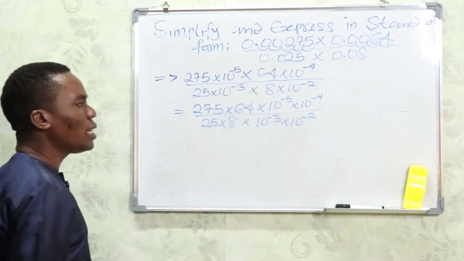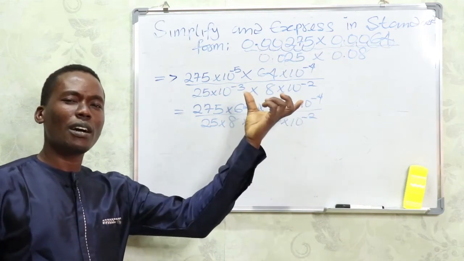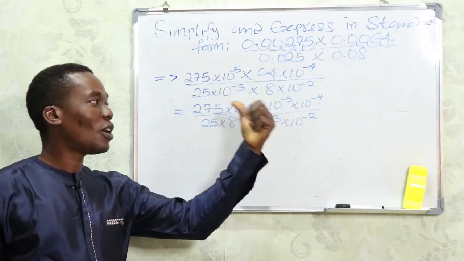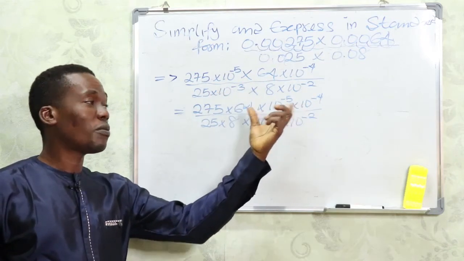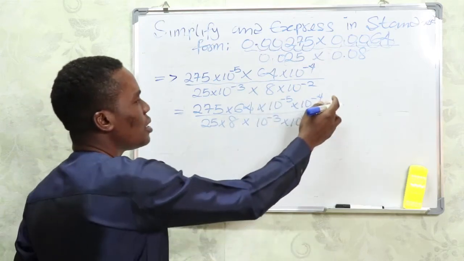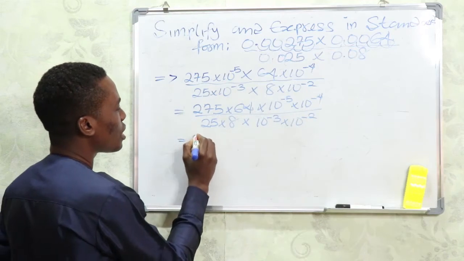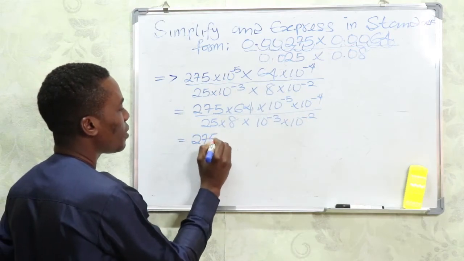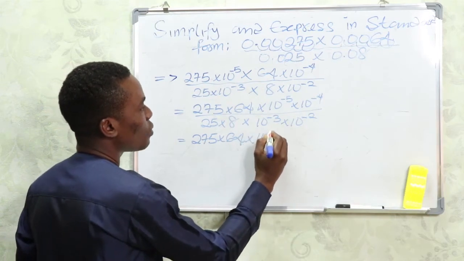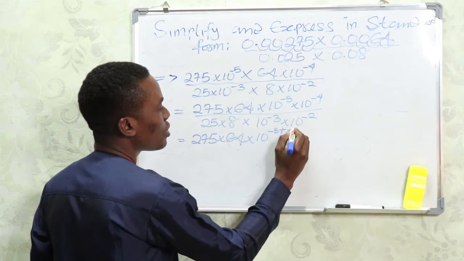Now remember our product law in indices. We did that in our fourth video. If you haven't watched our video series, you can go back to the fourth video and you'll find what we discussed on indices. We are using the product law of indices to solve this. This will give us 275 times 64 multiplied by 10 raised to power minus 5 plus minus 4.